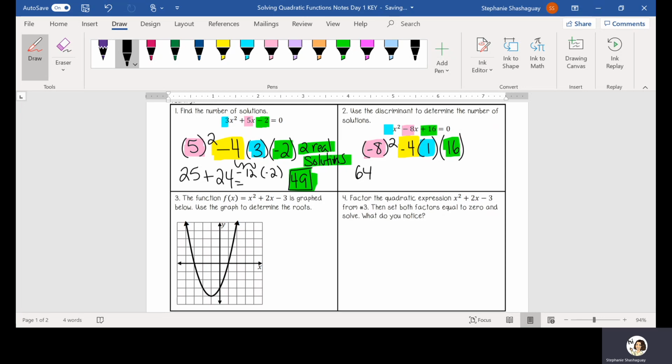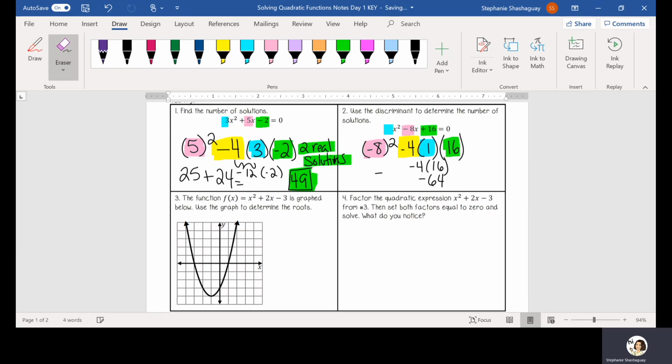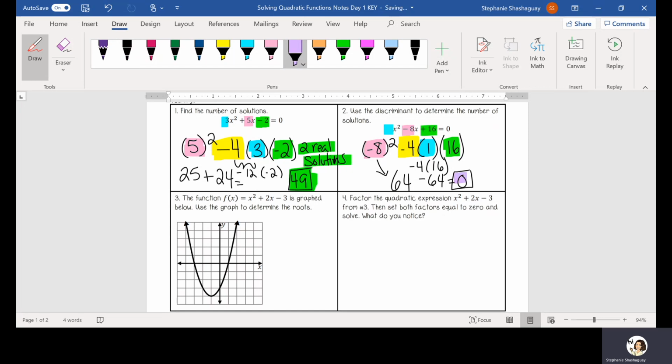Negative 4 times 1 is going to give me negative 4, multiplied by 16, and that's going to give me a negative 64. So 64 minus 64 is equal to 0. Well, a 0 discriminant means what? How many solutions do we have? 1 real solution.